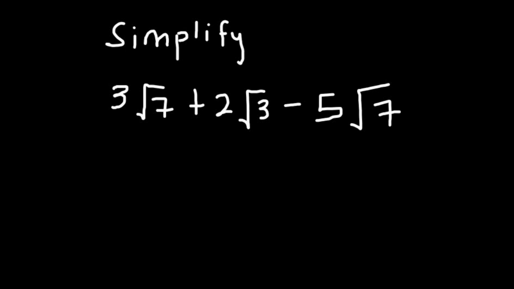So here is another example. Simplify 3 square root 7 plus 2 square root 3 minus 5 square root 7. To do this, we have 3 square root 7 plus 2 square root 3 then minus 5 square root 7.